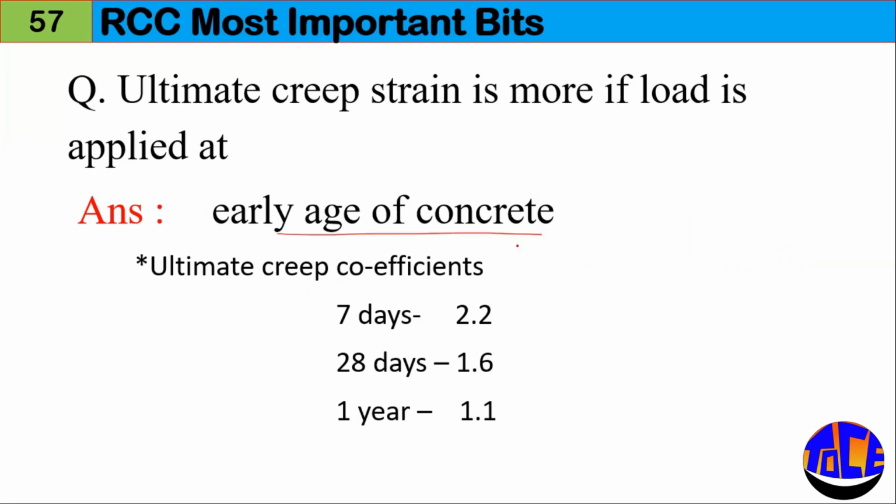Try to remember the ultimate creep coefficient values also provided in IS 456. For 7 days, it is 2.2. For 28 days, 1.6. For 1 year, it is 1.1. So for early age of concrete, you will have a higher creep coefficient. As the age of concrete increases, the creep coefficient decreases.